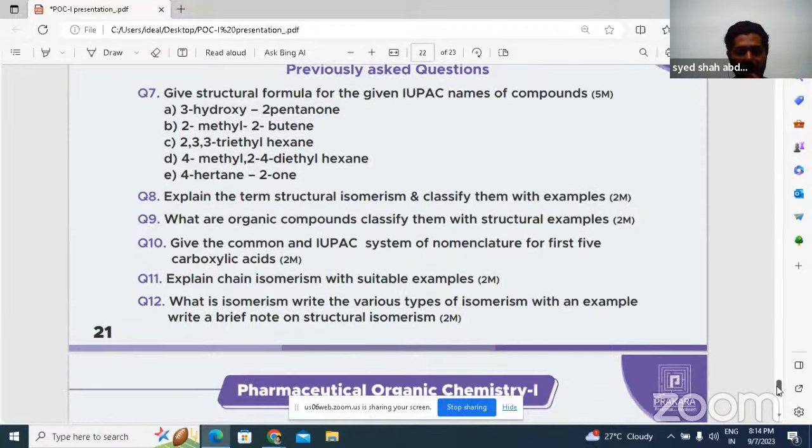And here again isomerism has been asked: write the various types of isomerism with example. I think it has been asked for 5 marks rather than 2 marks, where you need to first write about isomerism. You need to classify the different types of isomerism, then also mention structural isomerism.